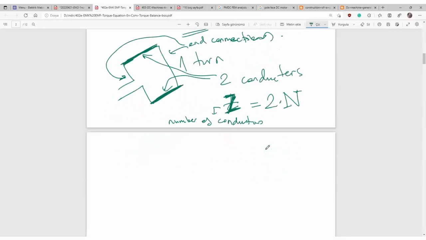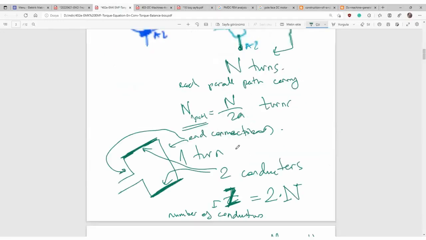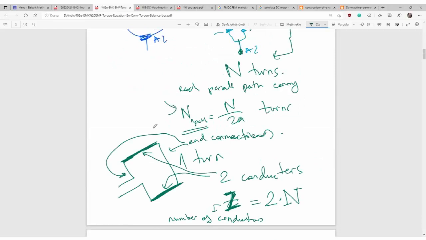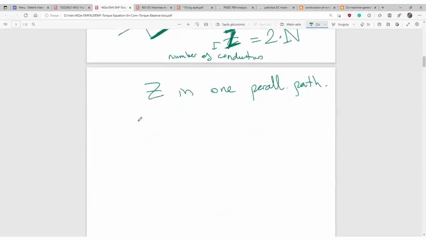Okay, what is the number of conductors in one parallel path? It is here. Number of turns in one path. Number of turns in one path times 2 makes Z one path.